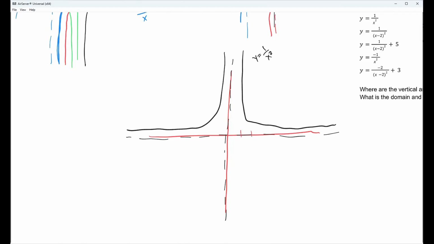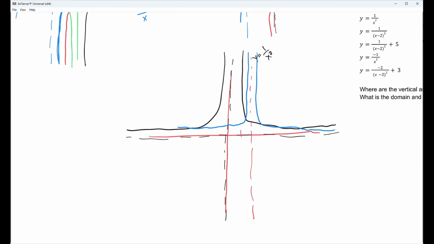So the vertical asymptote is here, and it's moved 2 to the right. That looks awful. Let's do it with blue.